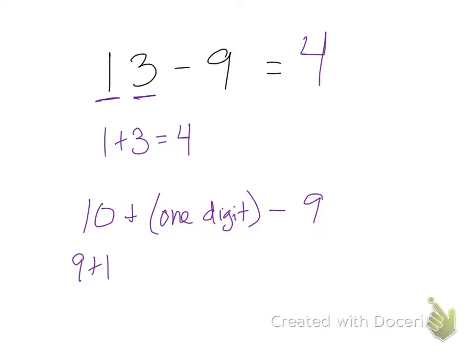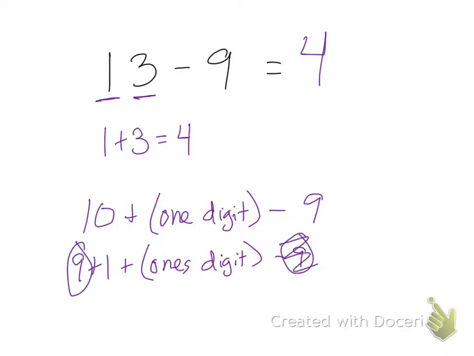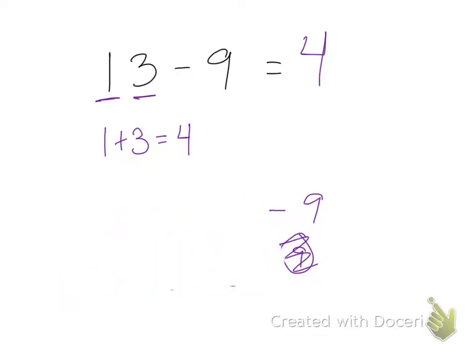So we have 9 plus 1 plus whatever is in the ones digit, minus 9. Okay? So we know that 9 minus 9 equals 0, so we can just cancel that out. So it ends up being 1 plus the ones digit. And it might be a little confusing, but the trick works for these numbers.